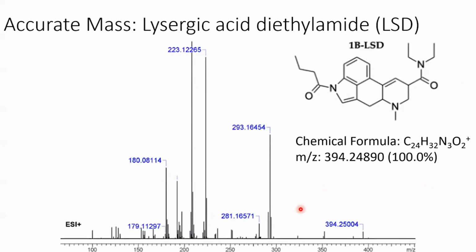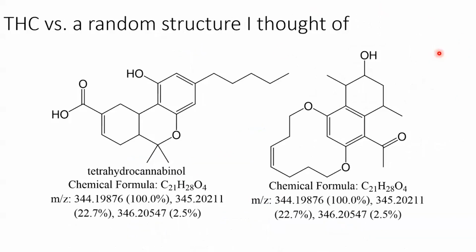But again, what we have in addition to that is the fragmentation pattern. So if you can say, okay, it is the correct molecular formula and the fragmentation pattern actually matches what we expect for LSD, then you can make a definitive assignment that indeed it is the correct structure, the one that I think it is.